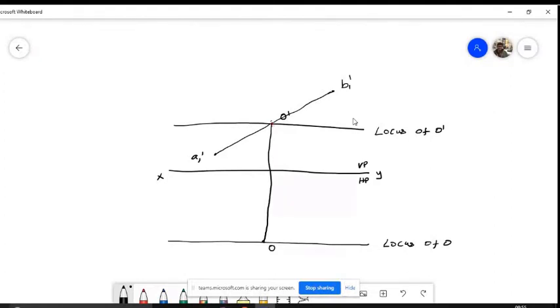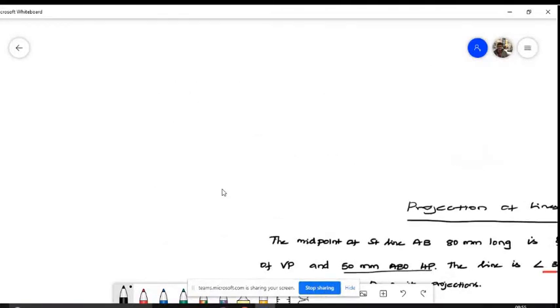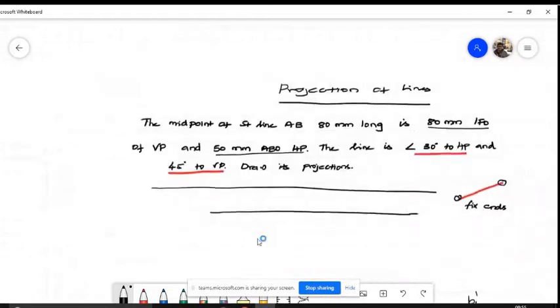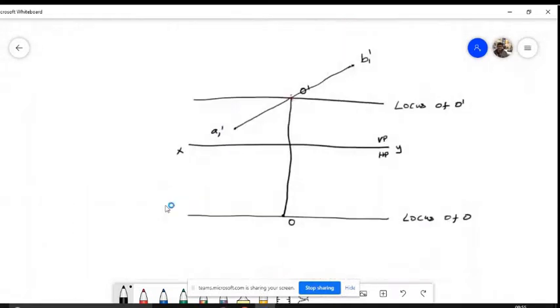Similar to this, I'm going to plot the straight line in the top view as well. Here it is mentioned that the straight line is inclined at 45 degrees to VP, so I need to draw a line 45 degrees inclined to VP, something like this.